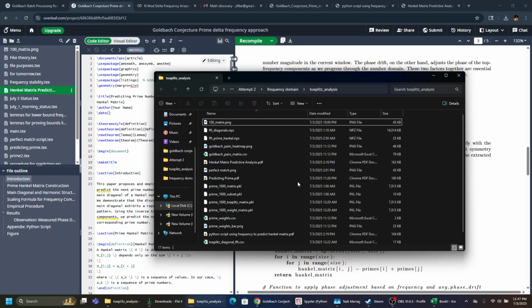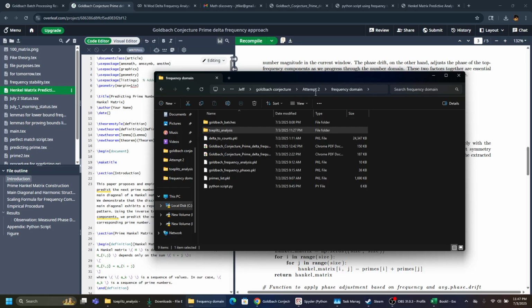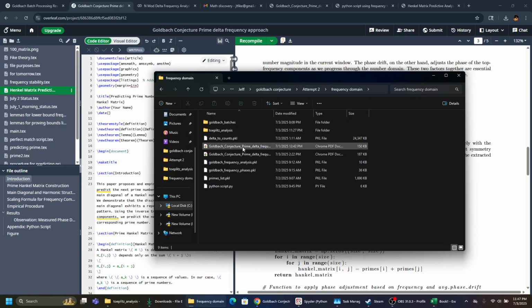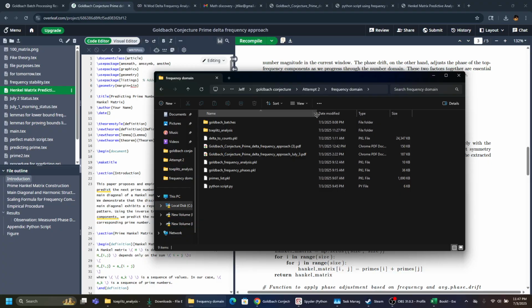This frequency thing is real. And so you can see I have a frequency domain, and I discovered this while I was trying to look at the Goldbach conjecture. And so for the Goldbach conjecture, we have a frequency domain here.